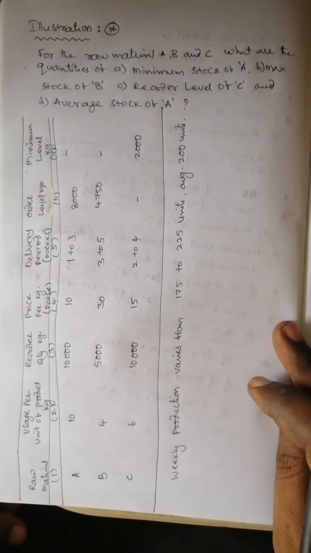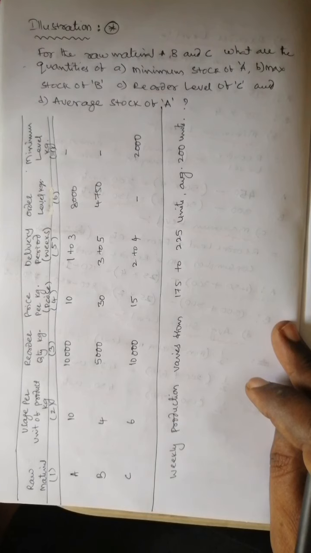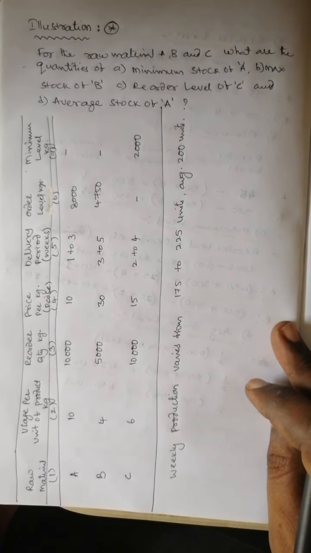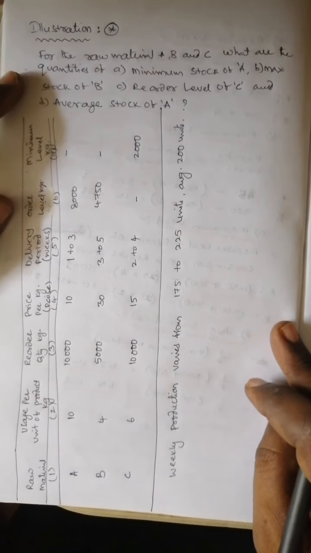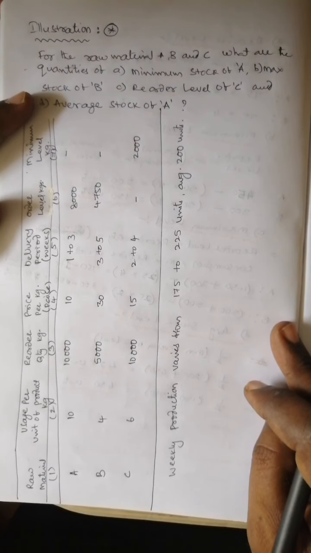Students and learners, welcome to another session, illustration on stock levels, part of materials chapter, cost accounting, for commerce and business management students. Here, for the raw materials A, B, C, in this illustration we have three materials.